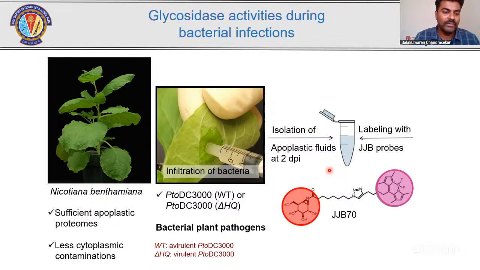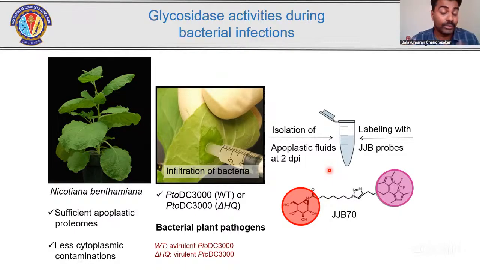The main reason we chose Nicotiana benthamiana is that the leaf size is very big, and it is also a very interesting model system to study the apoplast, because you can get sufficient proteome from the apoplast with less cytoplasmic contamination. The protocol for isolation of apoplastic fluids is very well established, and the majority of the proteins you get from Nicotiana benthamiana are apoplastic proteins.